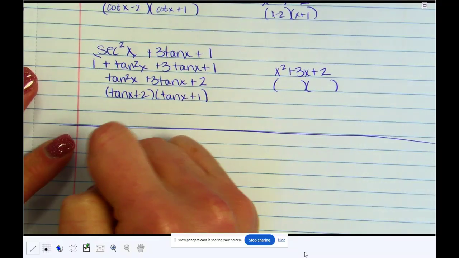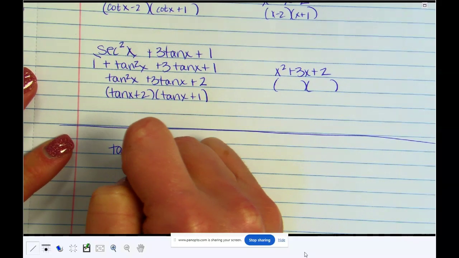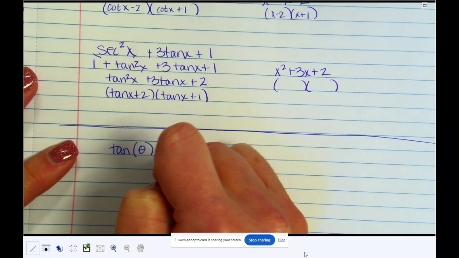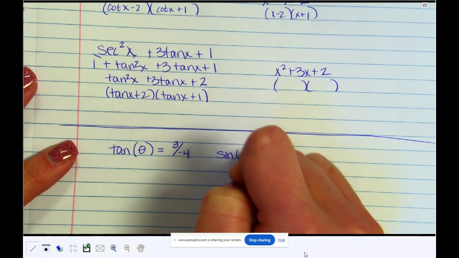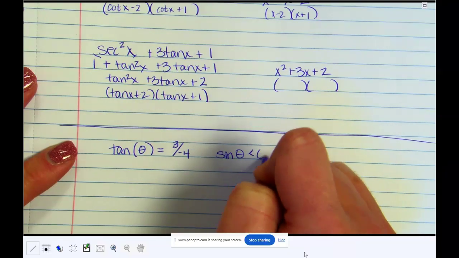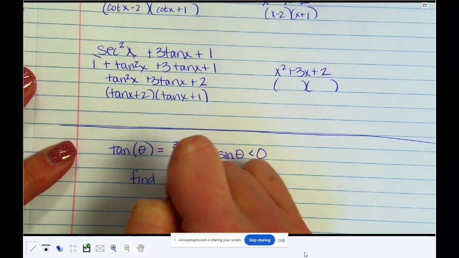You're going to have questions like this. If tangent theta equals 3 over negative 4, and sine of theta is less than 0, find cosine theta.